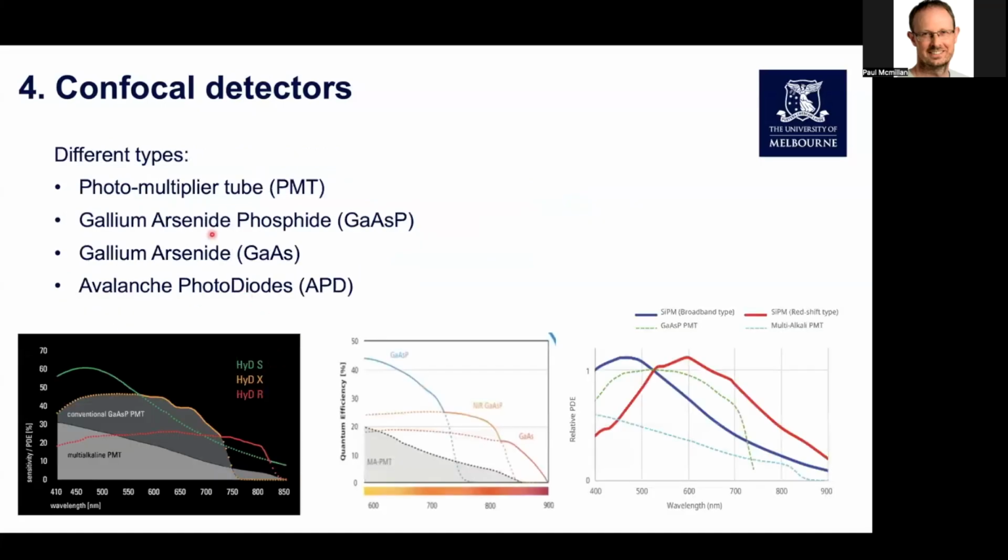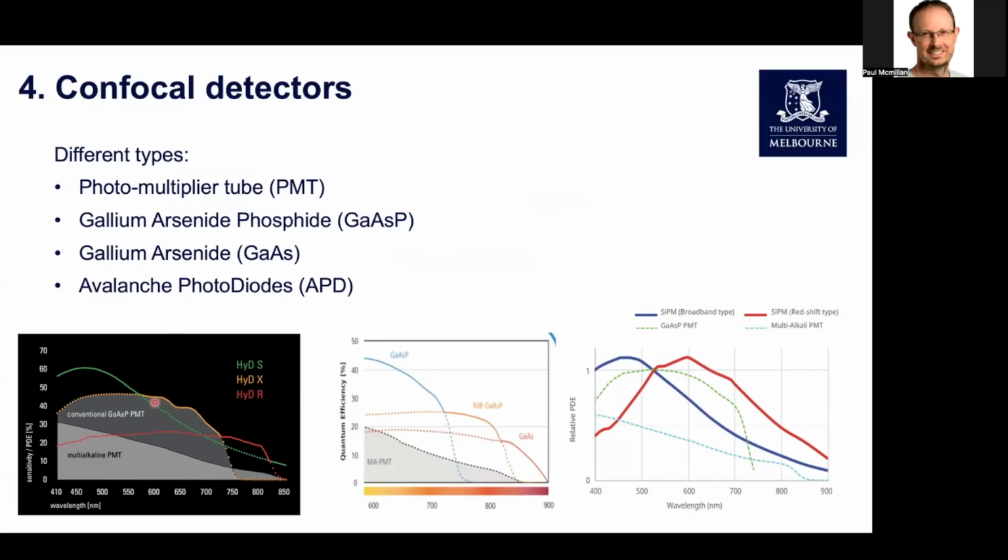There are lots of different types of confocal detectors, way too many to go into during this lecture. But during the training, certainly within our platform, we would take you through and explain which ones you would need for your specific experiments. You'll see they all have different pros and cons.